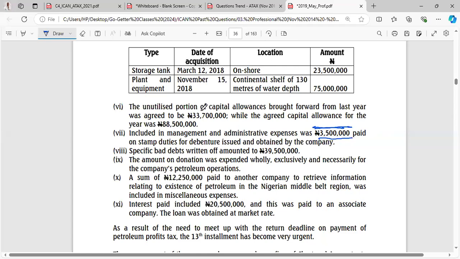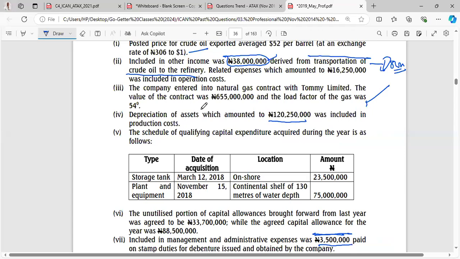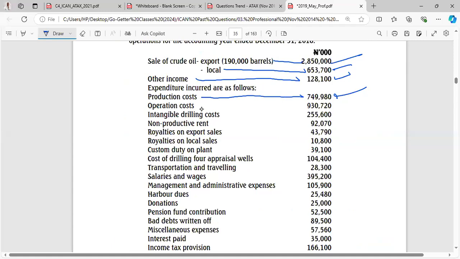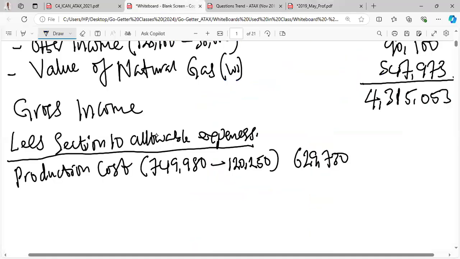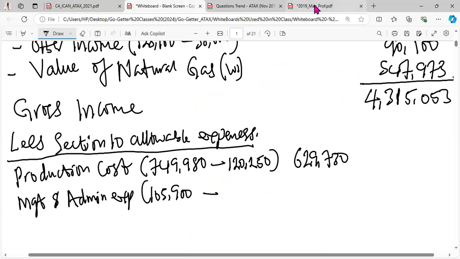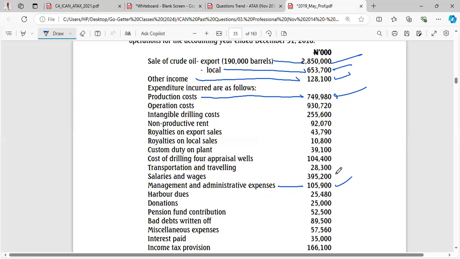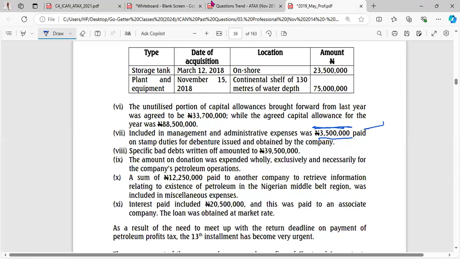So we'll go to management and admin expense. That's the next thing we will do. Management and admin expense, 105,900. So this is management and admin expense, 105,900 minus what we are going to remove here, 3,500.